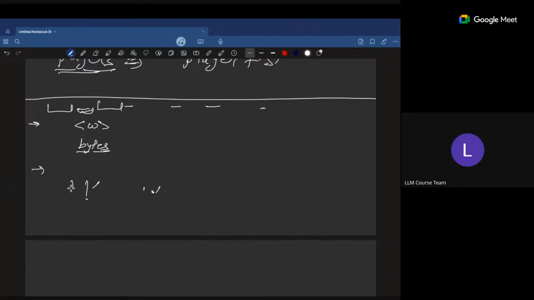These are taken care of in the pre-tokenization steps, where you firstly do lowercasing, because you don't want Hello and hello to be different words. You want to treat them as a single token, so lowercasing is done there.